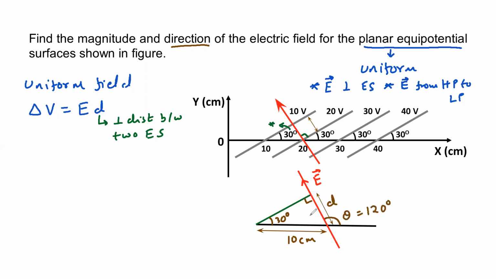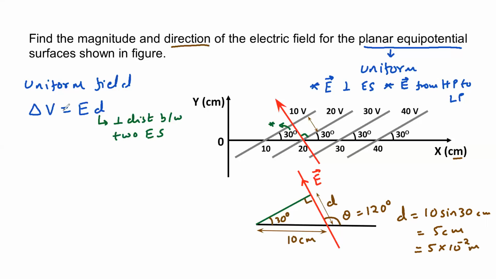Okay. Now, from this triangle, you can say that D is 10 sine 30 centimeters. Okay, this is centimeters. You should remember that. So that is simply 5 centimeters, or 5 into 10 raised to minus 2 meters.